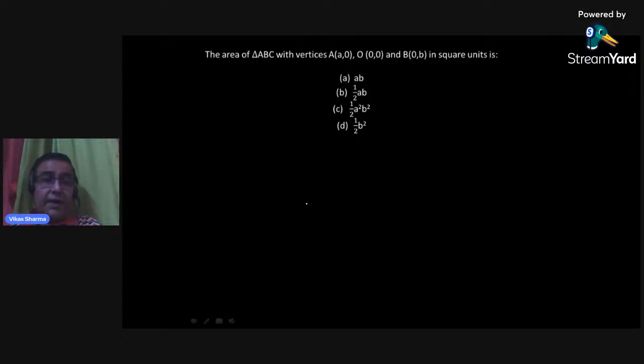Right. So the area of the triangle ABC with vertices A... These points I think are named incorrectly, so this I'll take as B and this as C. So in square unit. Let me take the coordinate axis and see where this triangle is formed.